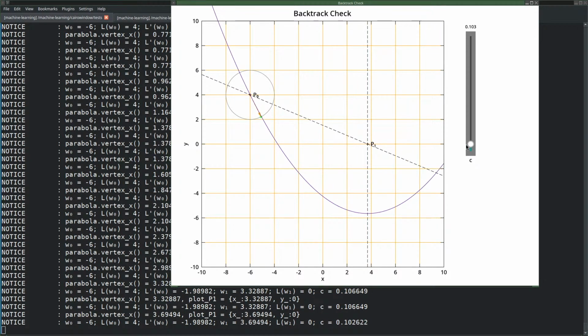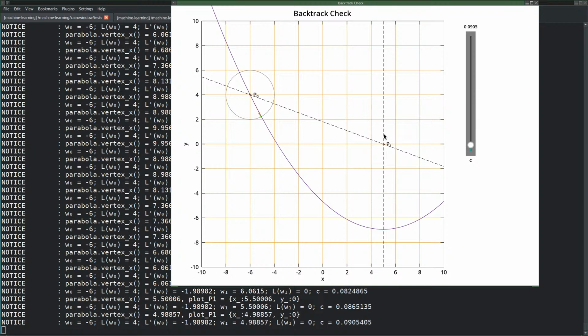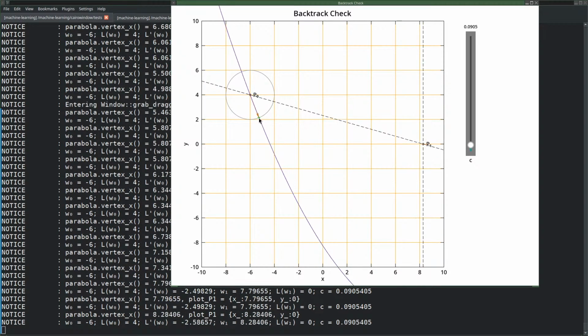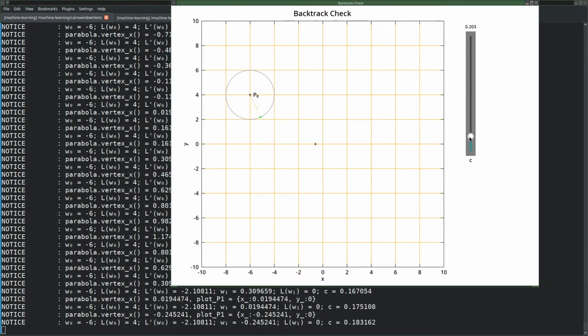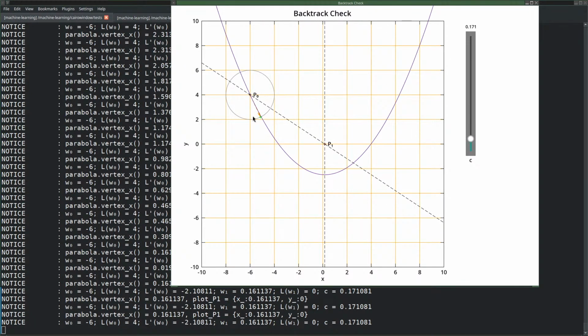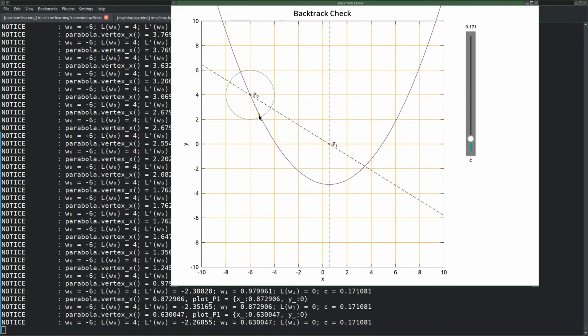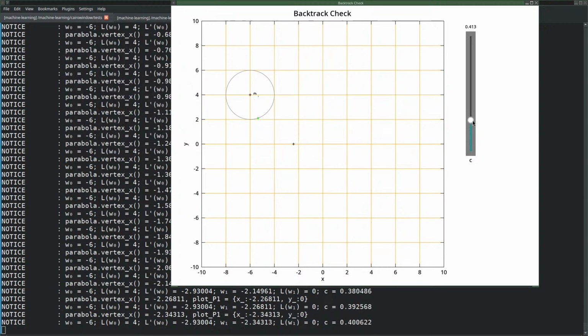Now the idea is as follows. I want a somewhat larger value, I think.